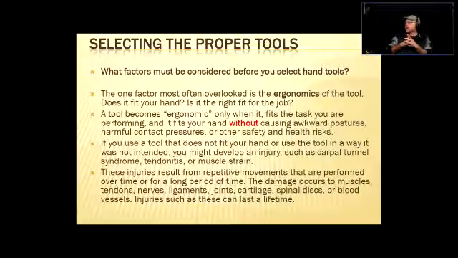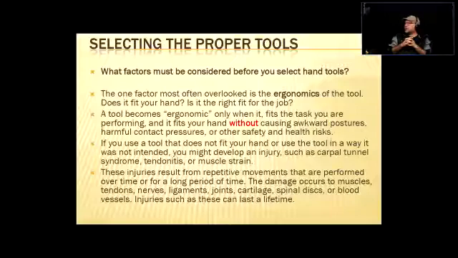Okay, so what factors must be considered before selecting hand tools? The one factor most often overlooked is the ergonomics of the tool. Does it fit your hand? Is it the right fit for the job? A tool becomes ergonomic only when it fits the task you are performing and it fits your hand without causing awkward postures, harmful contact pressures, or other safety and health risks.